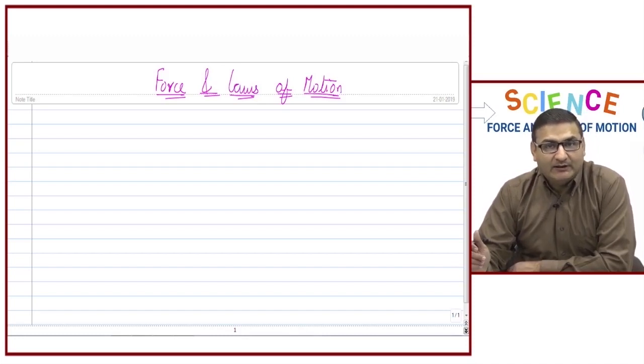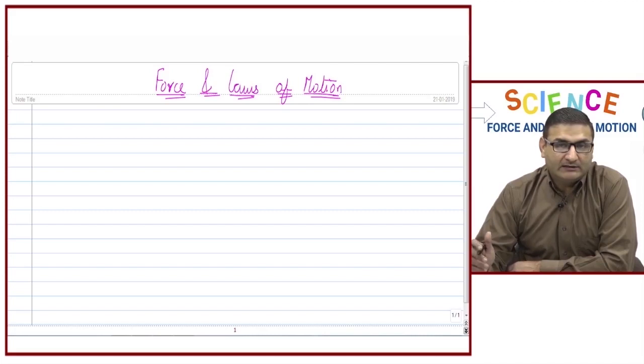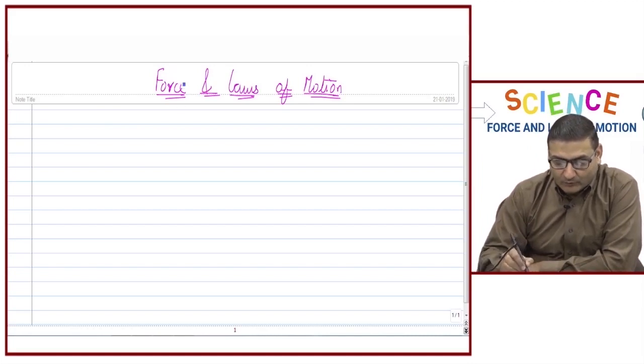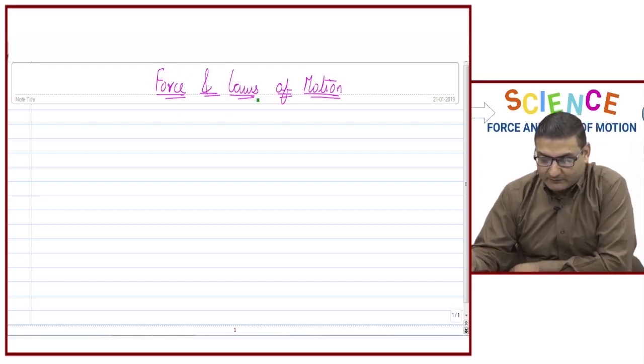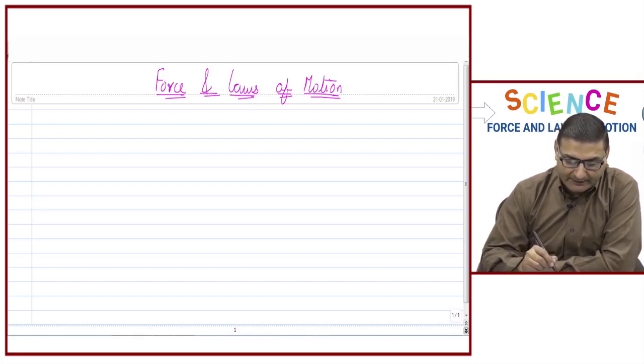But Galileo and Newton changed this thought process altogether with their few experiments, and from there we get the concept of force, and the concepts of laws of motion, which we are going to study one by one. Alright.